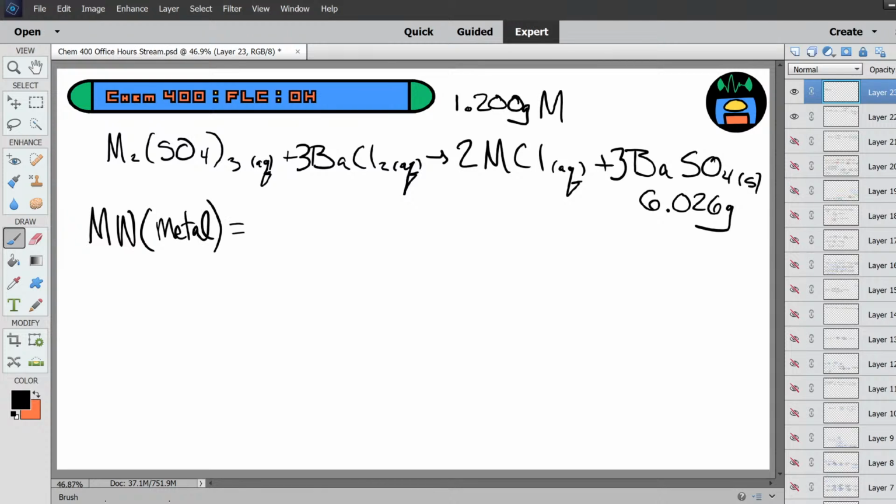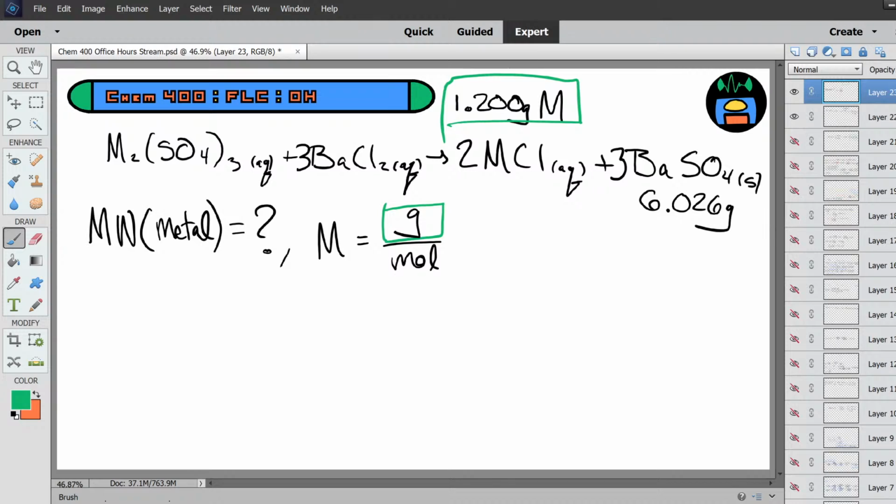Now, molecular weight has an equation, right? Molecular weight is equal to grams over moles. And check this out. We've actually been given grams of metal right here. So all we need to do is find the moles of the metal that reacted.